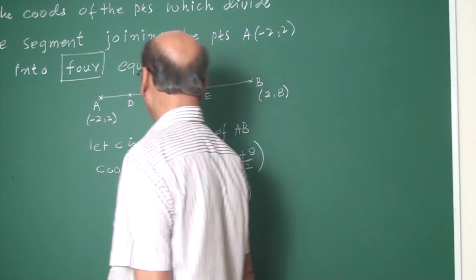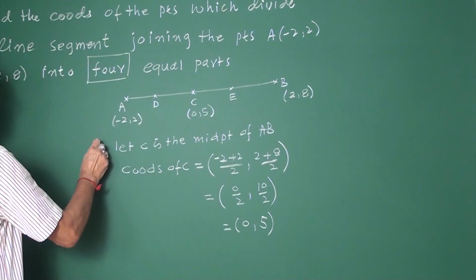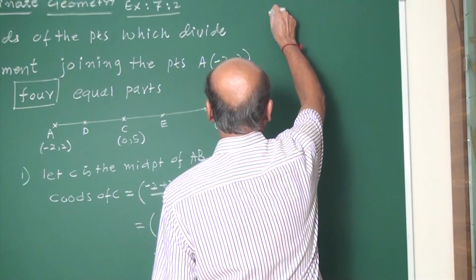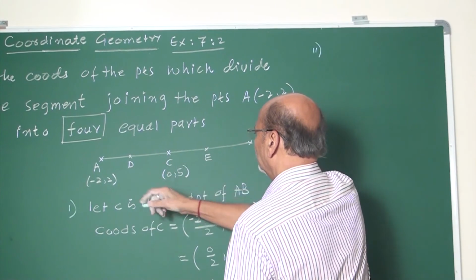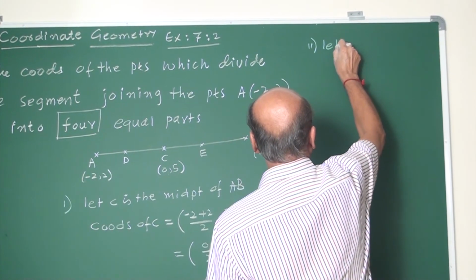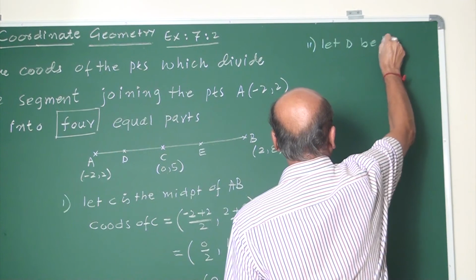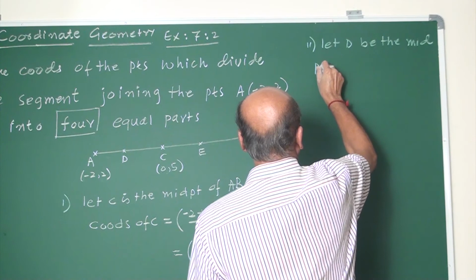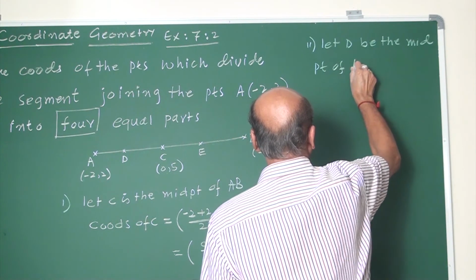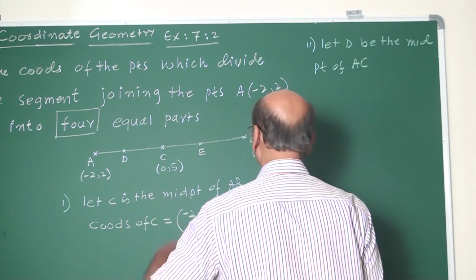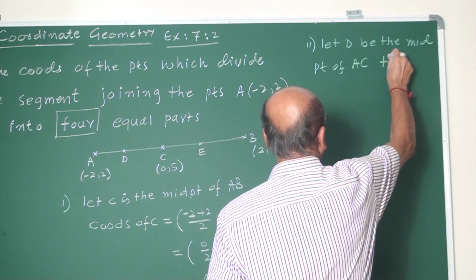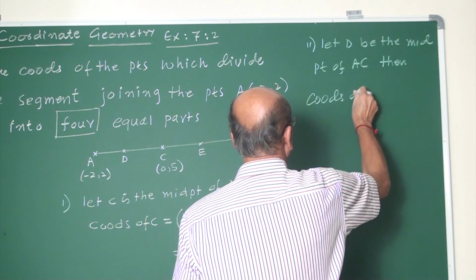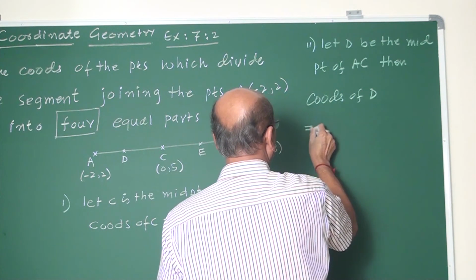This is the first point, and now the second. Let D be the midpoint of AC. Then what are the coordinates of D?